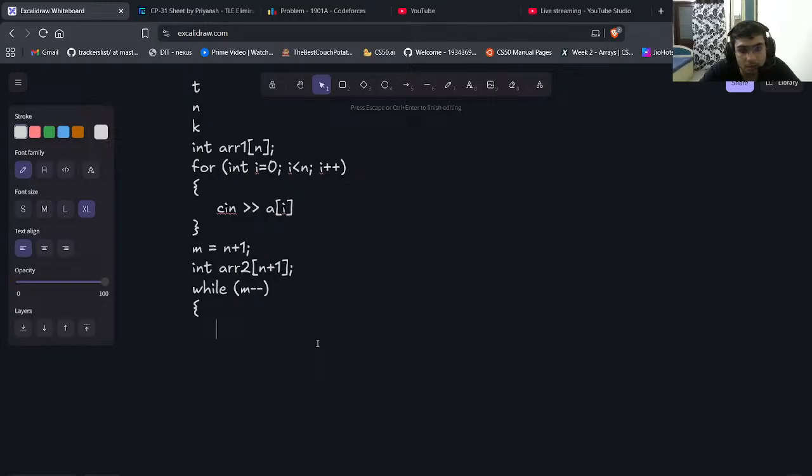While m minus minus, for j is equal to 0, j is less than n plus 1, and j plus plus.